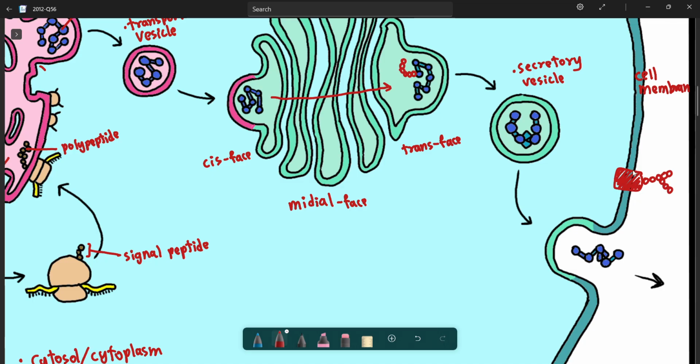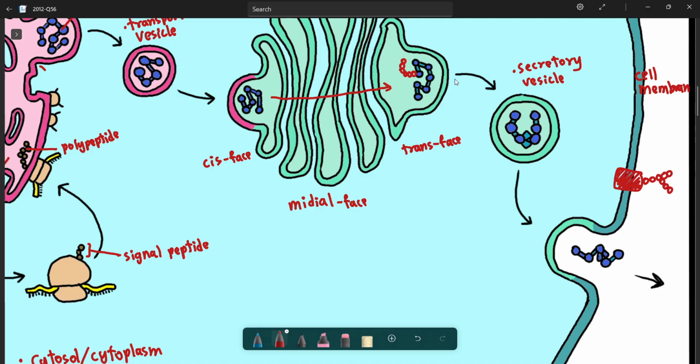So it will attach only to the surface of the cell membrane to be used for cell signaling, or it could be used for cell adhesion, and many others. Okay, so as I was explaining about the secretory vesicle, the protein from the Golgi apparatus buds off from the surface of the Golgi apparatus.